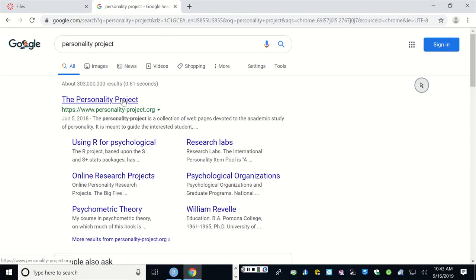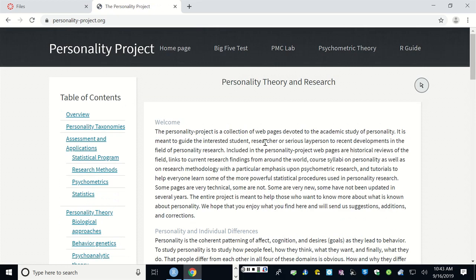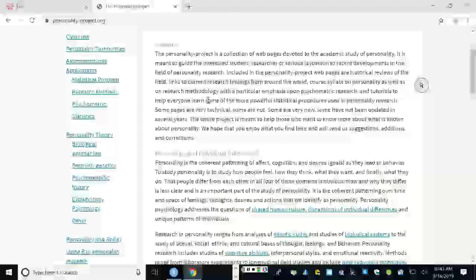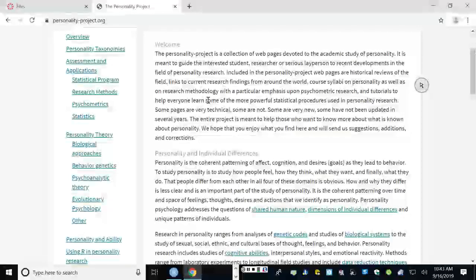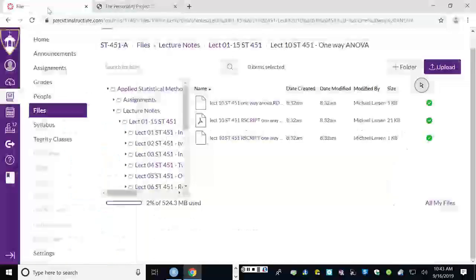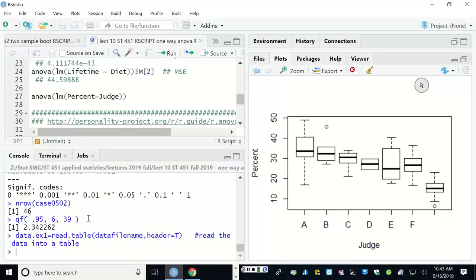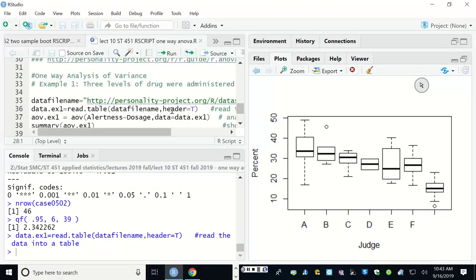Web pages go back, an academic study of personality. And in there they had something on analysis of variance as an example with a data set. And it gave some nice code for getting the data.